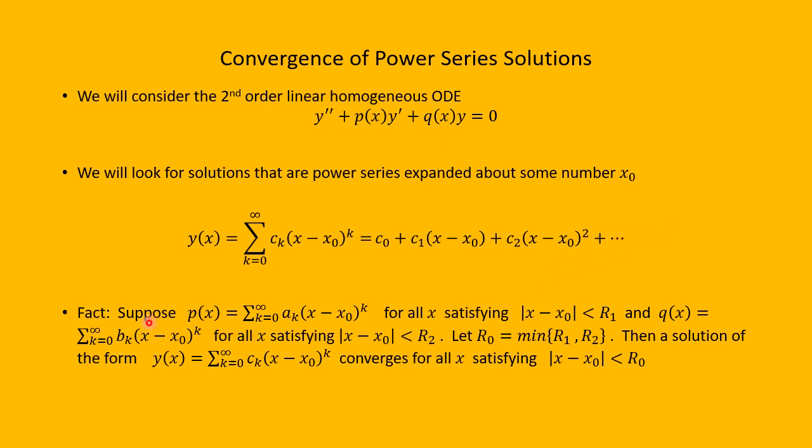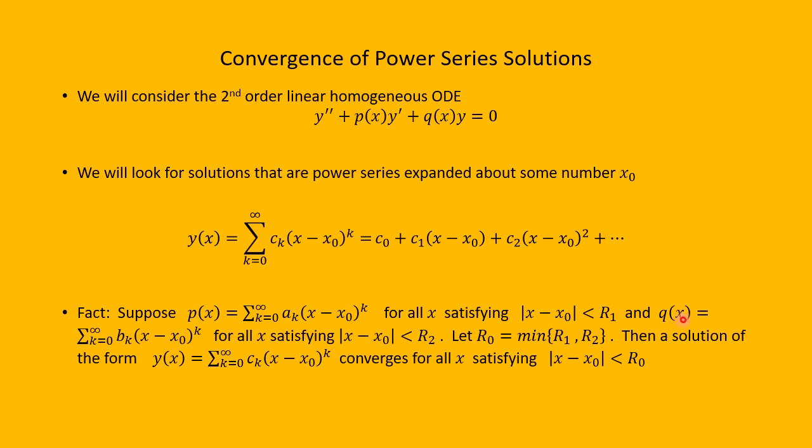Here's a fact. Suppose that p(x) has a power series representation, once again centered at x naught, and these coefficients I'll call a sub k. They're not necessarily the same as those c sub k's, obviously. Suppose this converges for all x satisfying the absolute value of x minus x naught less than R1.